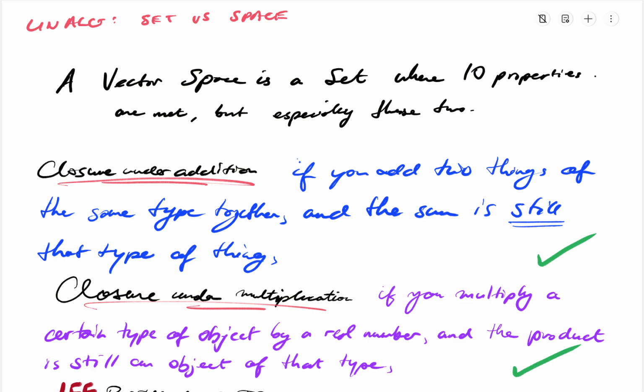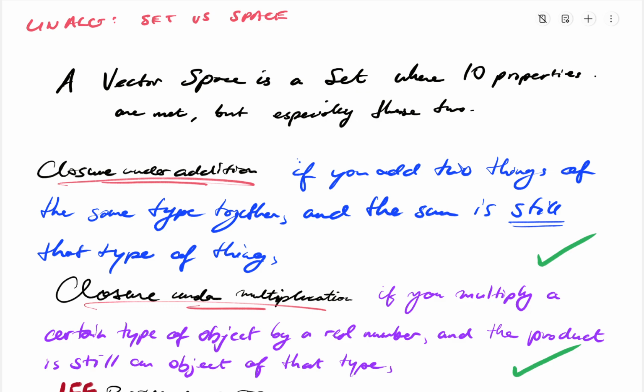All right, so closure under multiplication is when you multiply a certain type of object by a real number, and the product is still an object of that type. So if I scalar multiply a vector in R2, it's obviously still going to be a vector in R2, no matter what that number is. Whether it's 0 or a negative number, it's still in that space.